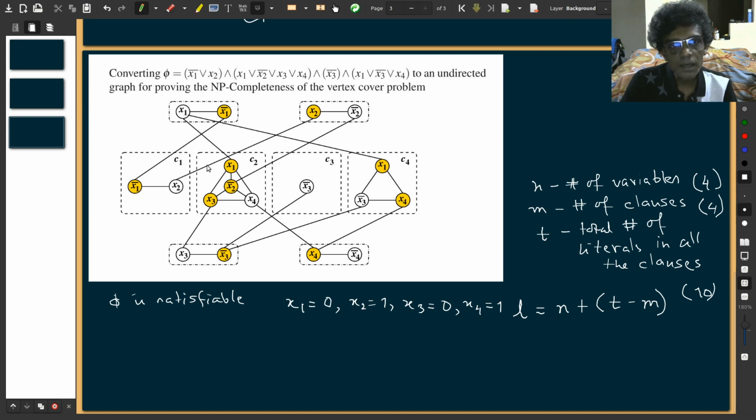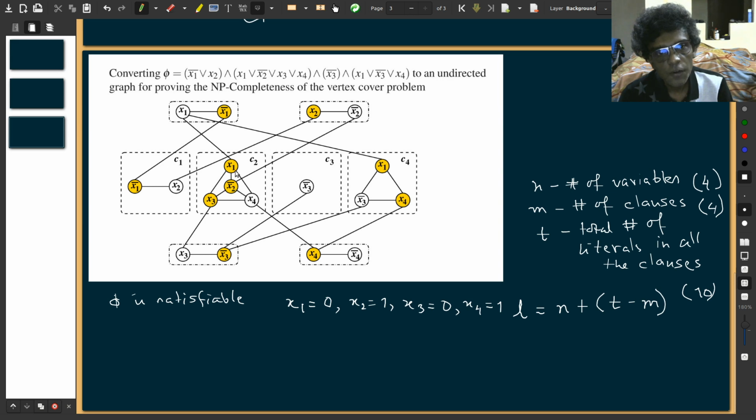Okay. And select all other nodes. Here, here, here, here. There is no other node. So these are the two remaining things. So you choose them. Okay. So that is how I create the subset U. Is that fine? So take any true literal in any clause gadget and exclude that in your vertex cover.